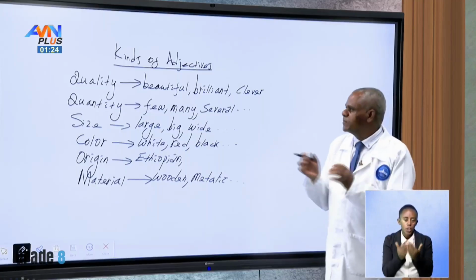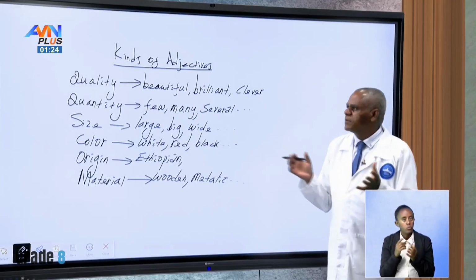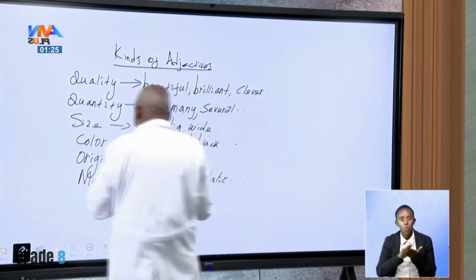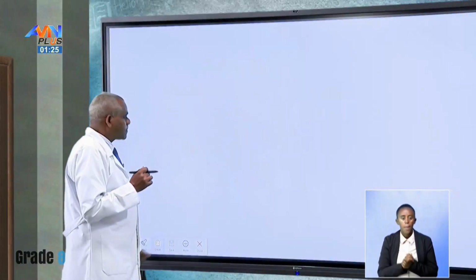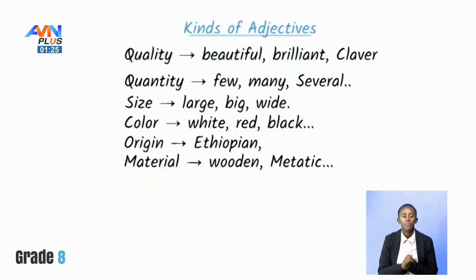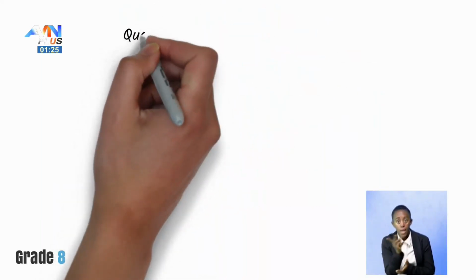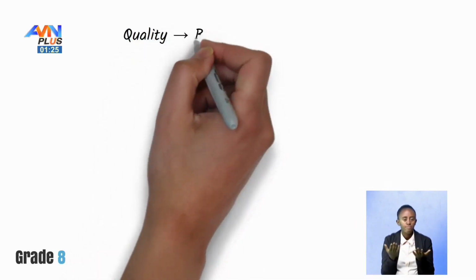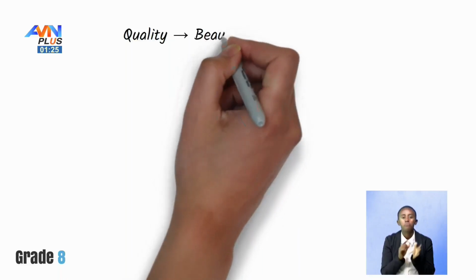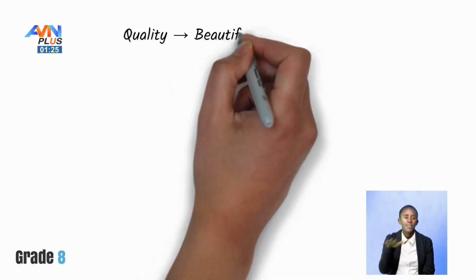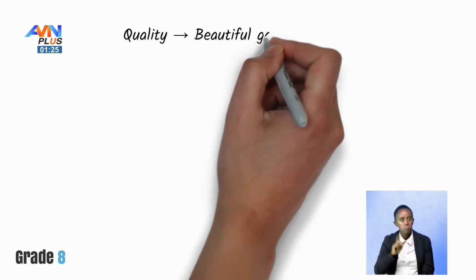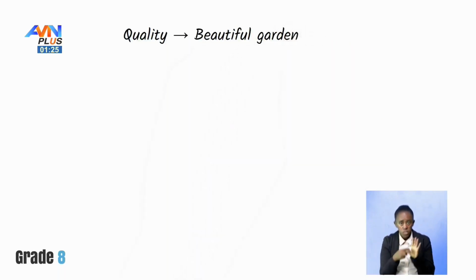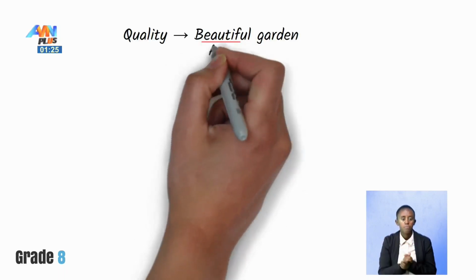I would like to give you some sample pairs of words that go with quality. Beautiful garden. Look, students, beautiful is an adjective, right? So the adjective modifies what?